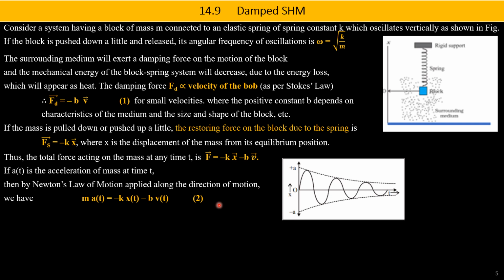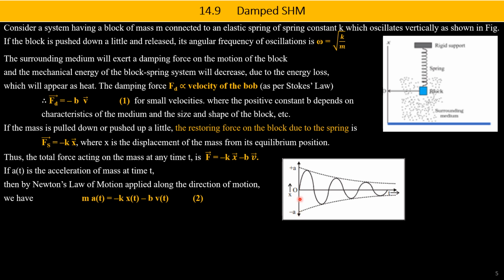A damped oscillator is approximately periodic with decreasing amplitude. Please see the graph here. The amplitude is decreasing with oscillation with respect to time. Time t is on the x-axis and amplitude or displacement is on the y-axis. So plus A is here on the top, minus A at the bottom.